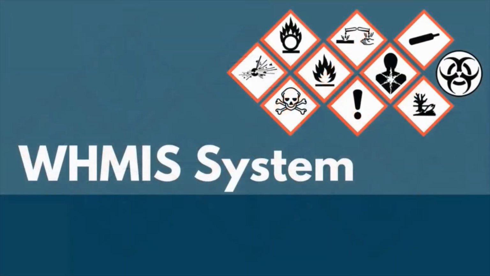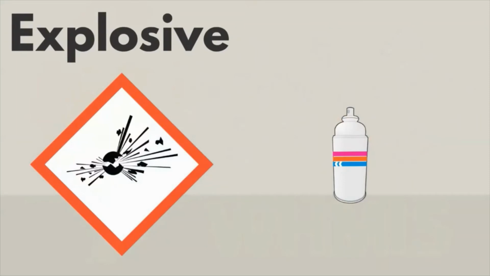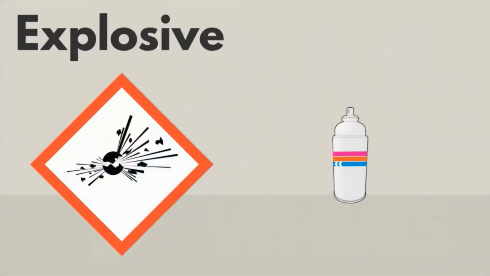This is called the Workplace Hazardous Materials Information System. For short, we say WHMIS. Let's look at the WHMIS symbols and what they mean. This symbol means that the product could explode. It should only be used with proper training and equipment.